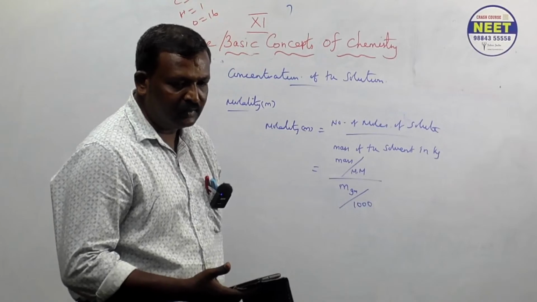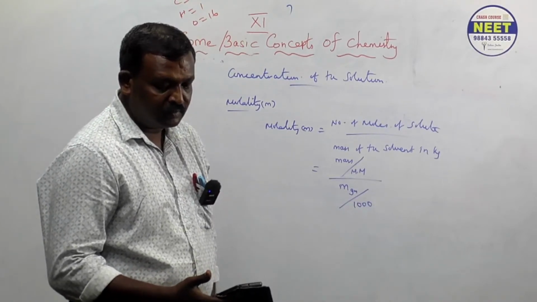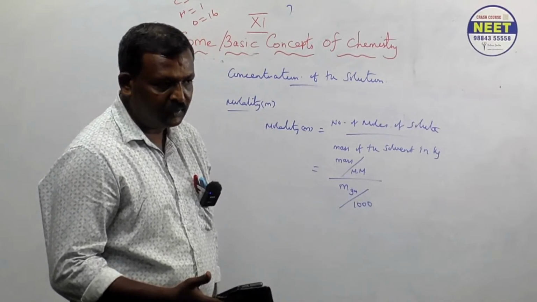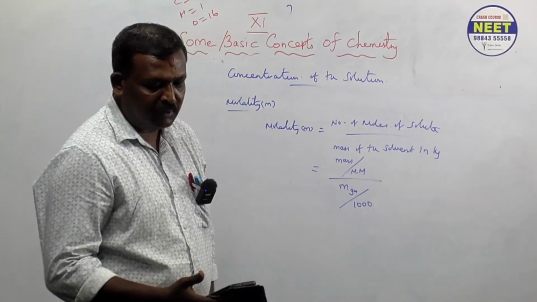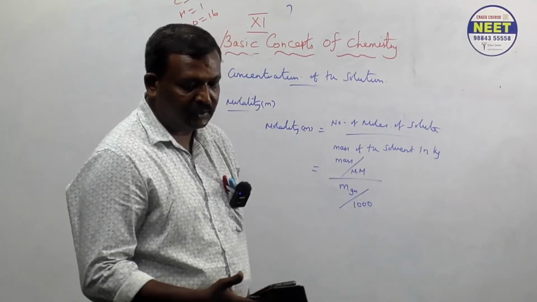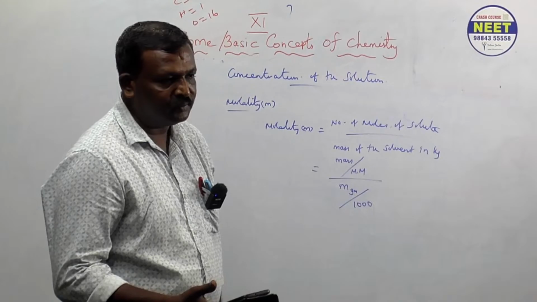Calculate the molality of 2.5 gram of ethanoic acid. What's the formula for ethanoic acid?